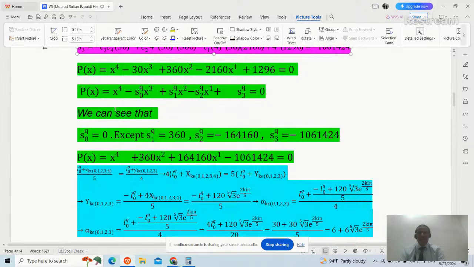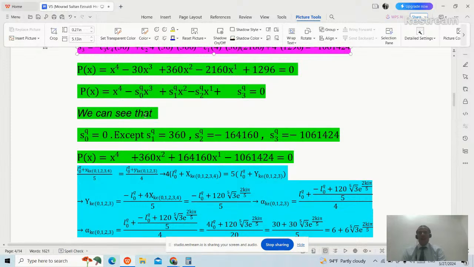Okay, we said that, learners, p of x equals x to the 4 minus 30x cubed plus 360x squared minus 2160x plus 1296 equals 0. You see here the S values, all of them are different from 0 except S0 of L0 q.